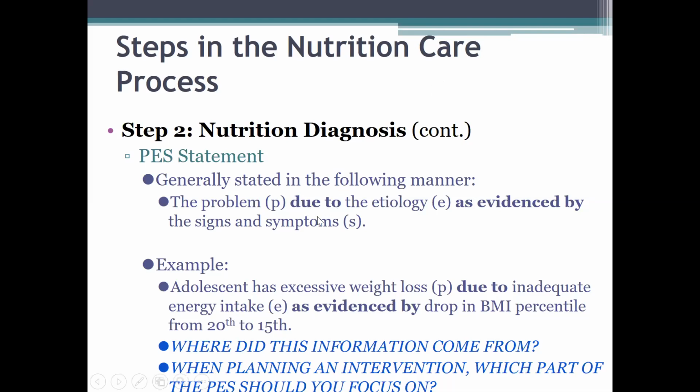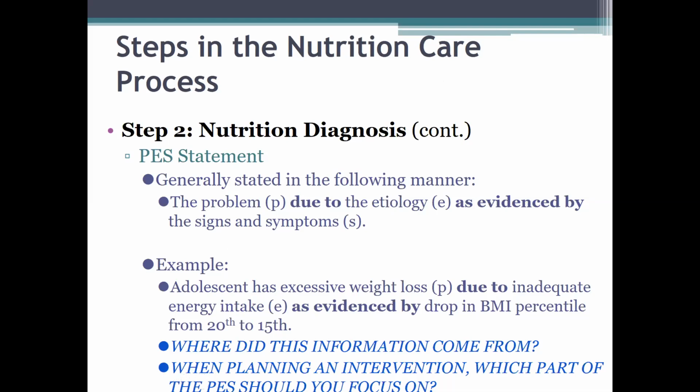So you have to tell me now what caused the problem. What is the etiology? And you can do that part in your own words. After you finish that, you have to write as evidenced by. And then using your own words, you describe the signs and symptoms.